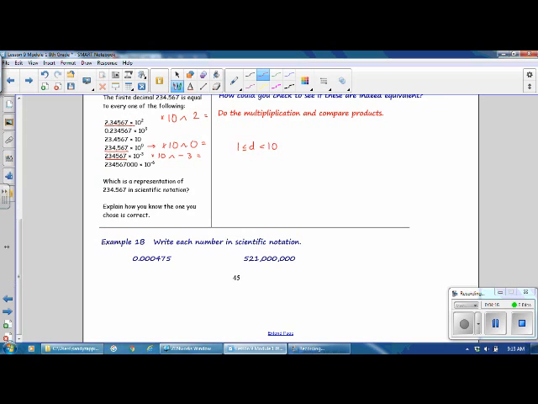In example 1b, write each number in scientific notation. Now, this is not in your notes, but I would like you to add it. So scientific notation, remember, is a decimal that is greater than or equal to 1, but less than 10, times a power of 10. What we need to do to find out what this decimal would be is to move the decimal so that it will be after the leading digit.